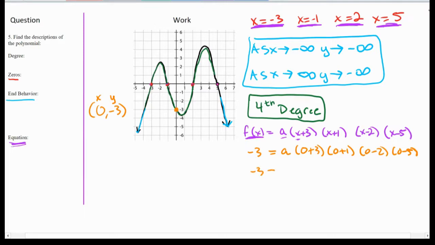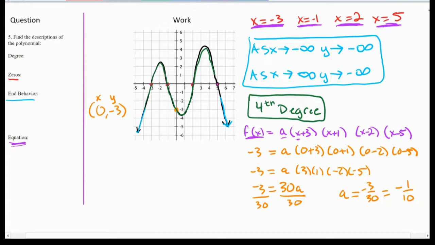Now I'm going to simplify a little bit. a times 3, 1, -2, -5. 3 times 1 is 3, times -2 is -6, times -5 is +30. So -3 equals 30 times a. Divide both sides by 30. I get a equals -3 over 30, which is -1/10.